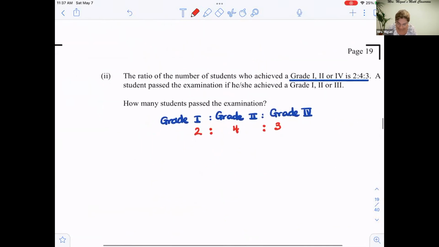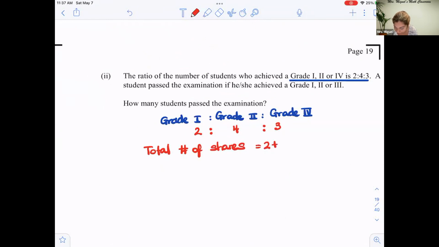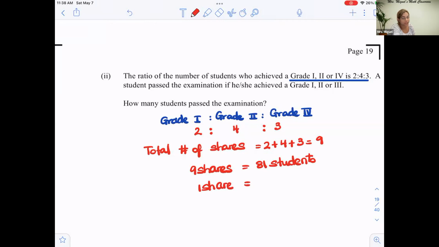So therefore, the total number of shares, 2 plus 4 plus 3, is 9. 9 shares must be equal to 81 students. So take down that and find how much is 1 share.